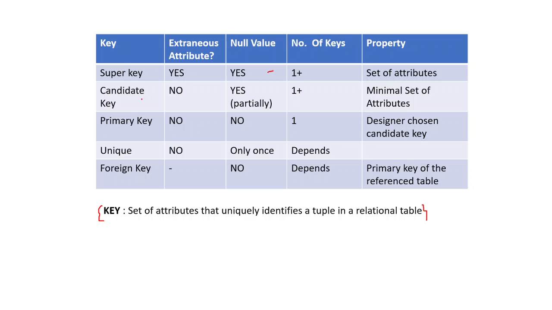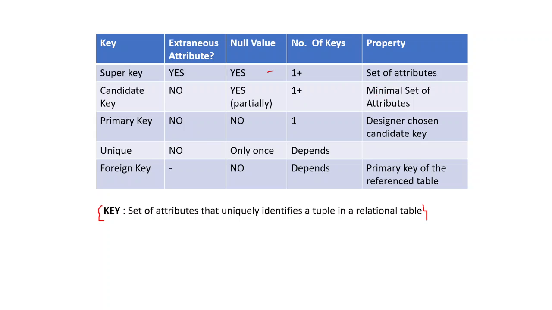Now if we move on to the candidate key, it doesn't contain any extraneous attribute. Some of the candidate keys can have null values. It is not totally forbidden for candidate keys to have a null value, and there can be a number of candidate keys, or a number of sets of attributes, that can uniquely identify a tuple.